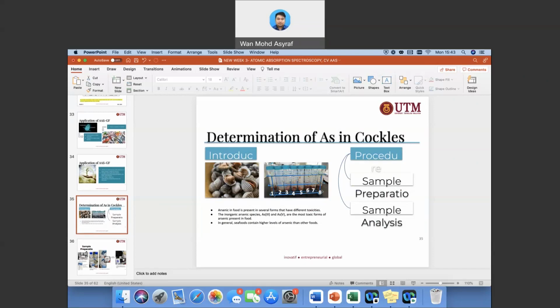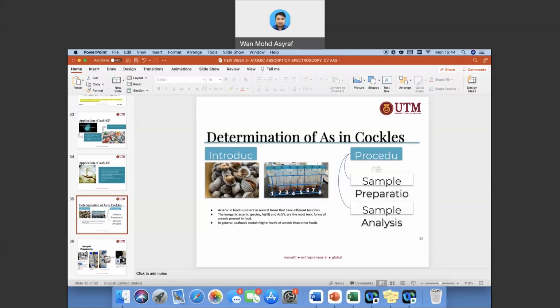When it acts as a filter, over some time it can also absorb heavy metals released by people who are not responsible. So we want to detect whether arsenic can be absorbed by the cockles. Arsenic is present in several forms, which can lead to different toxicities.